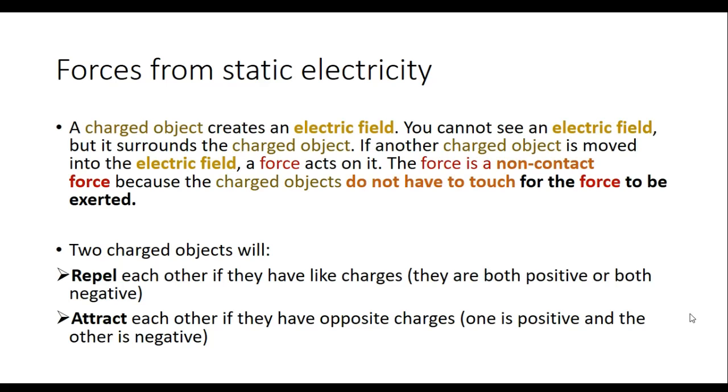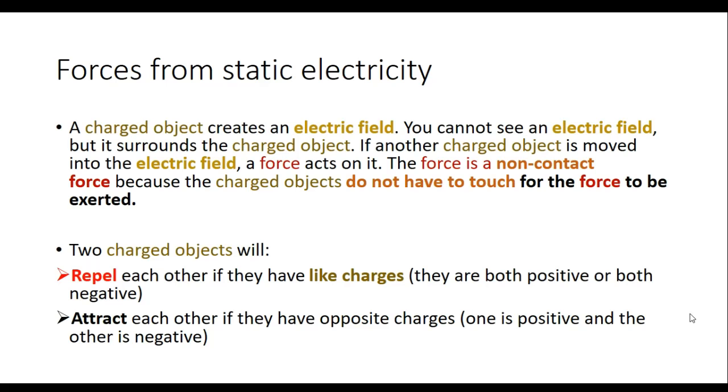The force is a non-contact force because the charged objects do not have to touch each other for the force to be exerted. So, if the objects have the same charge, so if they are both positive or both negative, then the objects will repel each other. This means that the objects will try to move away from each other.